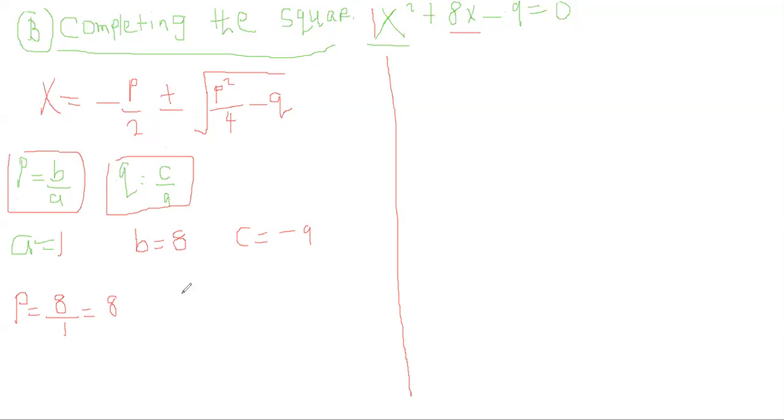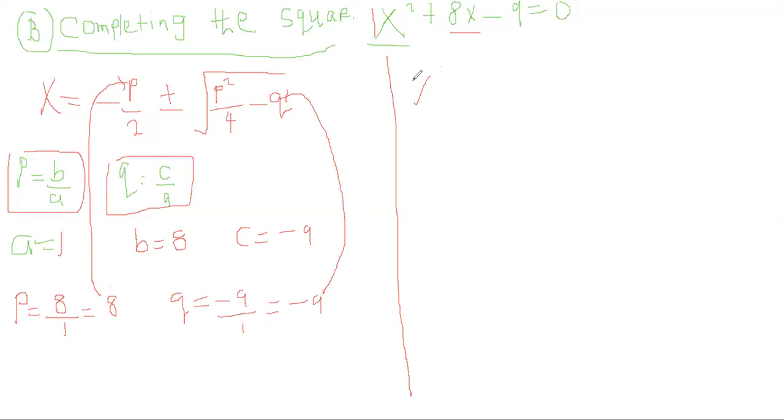And we will calculate Q, which is C over A, and C is minus 9 over 1. And this will give us minus 9. So we have to go on and substitute this 8 into here. The P is the same. We put 8 there, and we also substitute in here. So let's do it here.